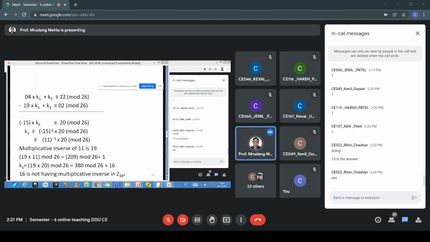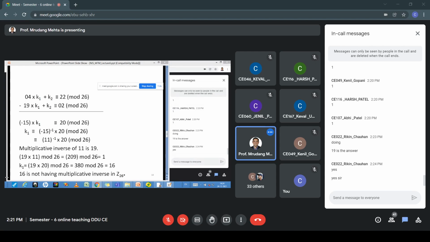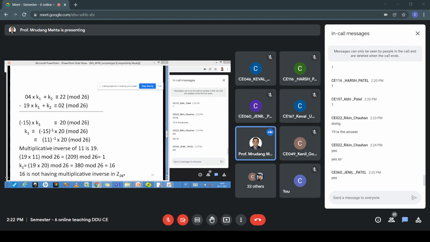Because if it is affine cipher, K1 has to be from Z26 star, correct? Got it? So this algorithm is not the affine cipher.